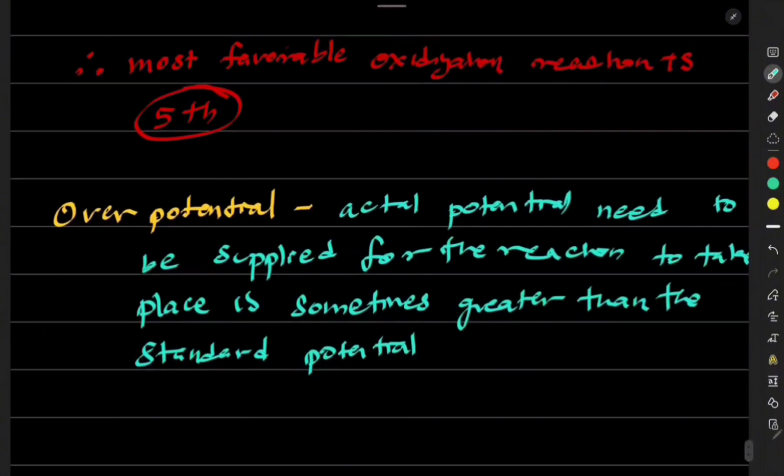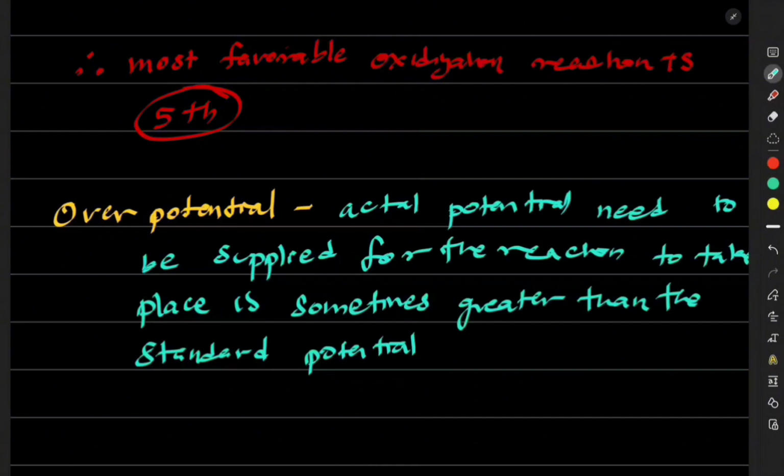In other words, standard reduction potential can be used to obtain minimum voltage values that can be supplied to drive a reaction of interest. Minimum voltage to drive the reaction. However, actual voltage may be higher due to the presence of overpotentials.